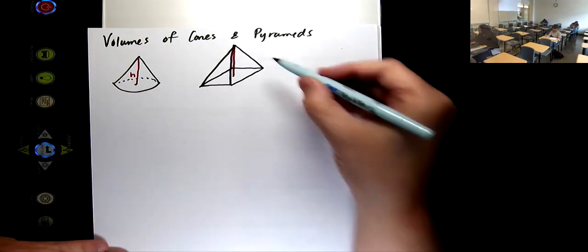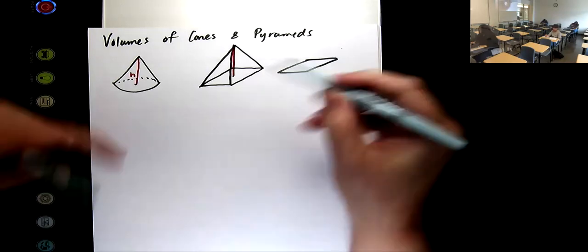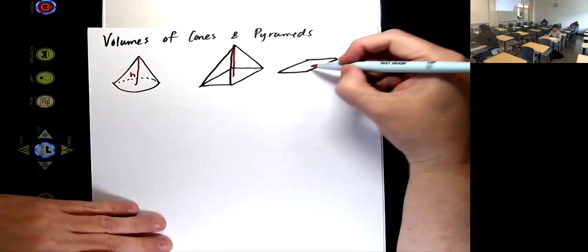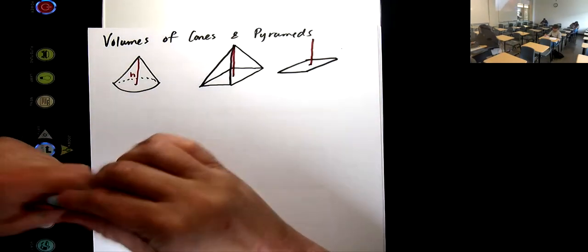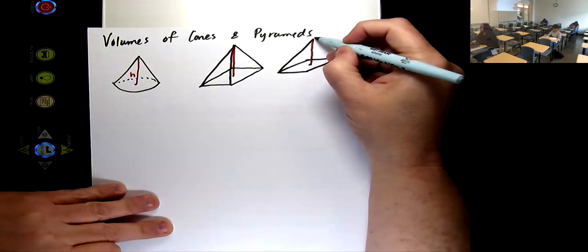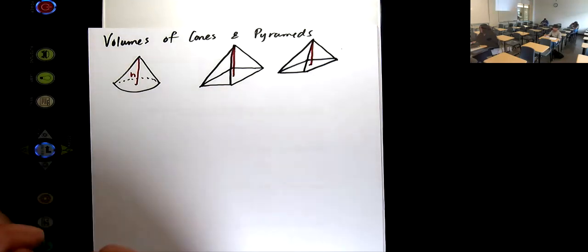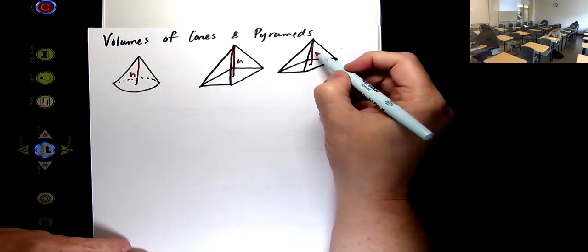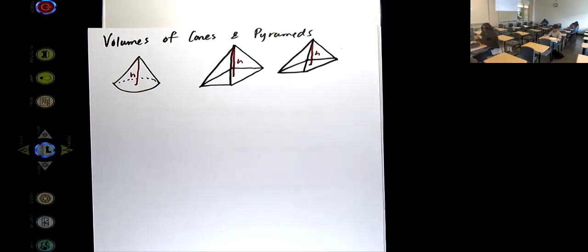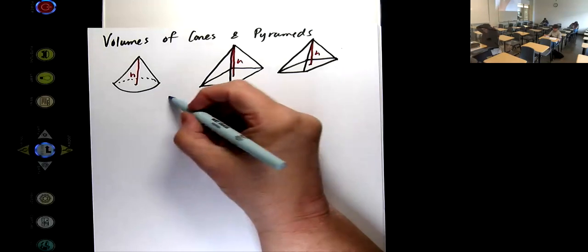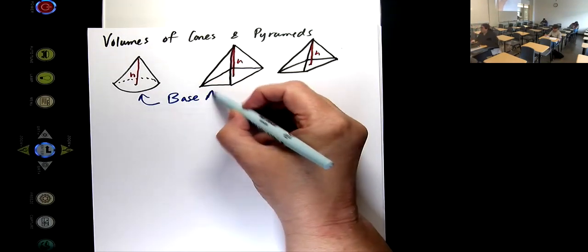I need to rotate it more. That might make it show up better. So in each of these, the red picture is the height. Big B is still the same, it's the base. Base area is big B.